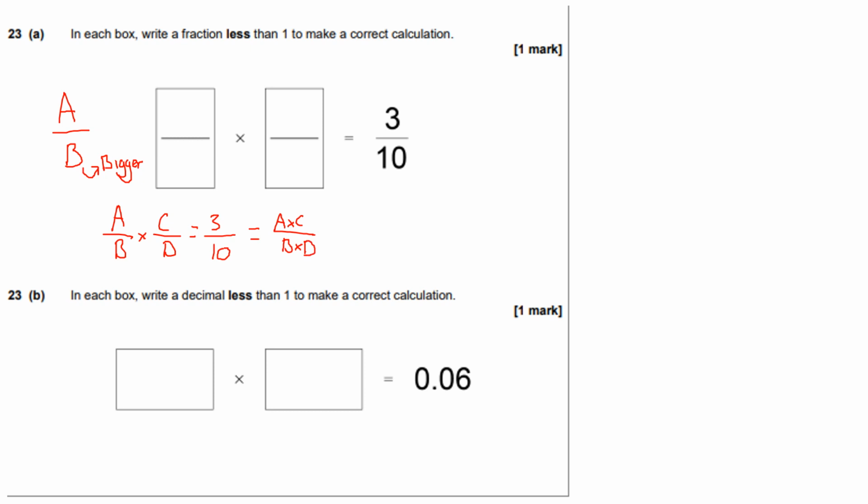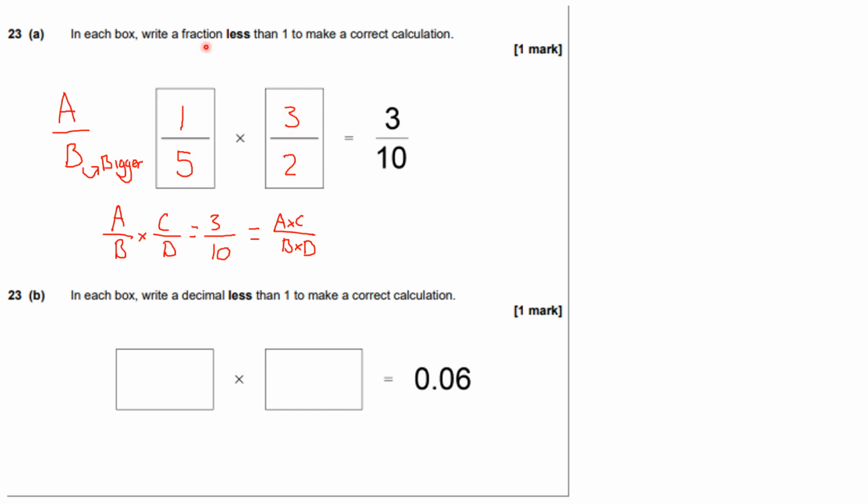So what two numbers could get us to 3? Well, I'd say 1 can get us to 3, and 3 can get us to 3. And what numbers can get us to 10? Well, I think that 5 and 2 could get us. So let's try this first, and let's see where I go wrong at first. So we've got 5 and 2. So while 5 times 2 does equal 10 and 1 times 3 equals 3, 3 is bigger than 2.